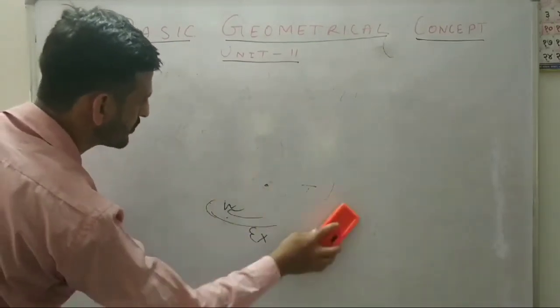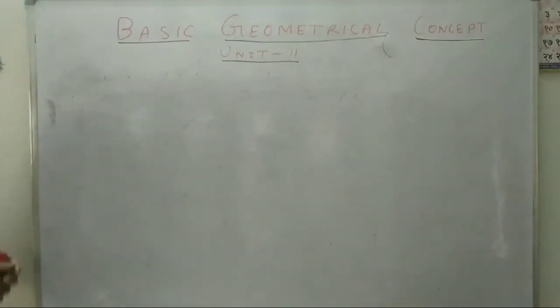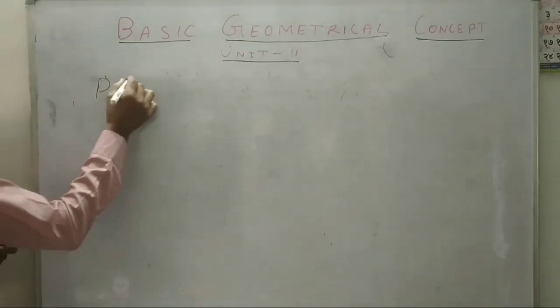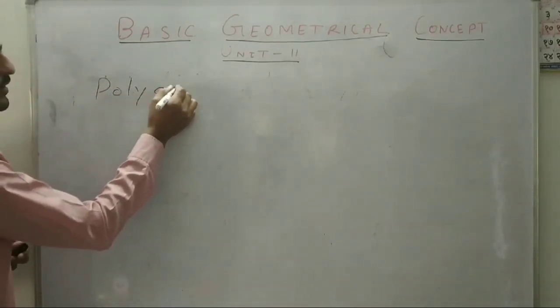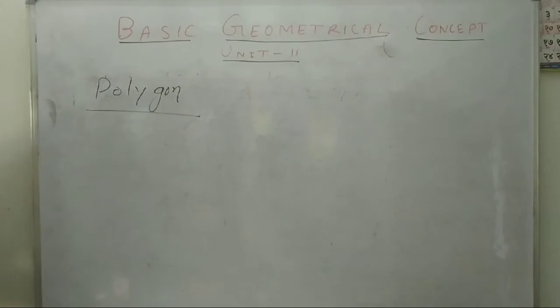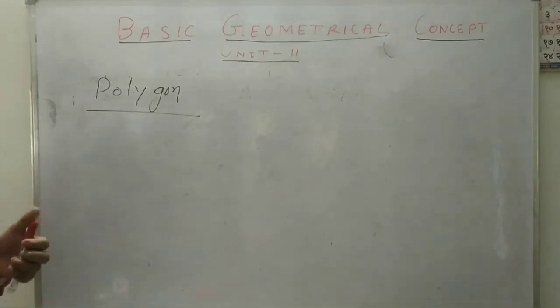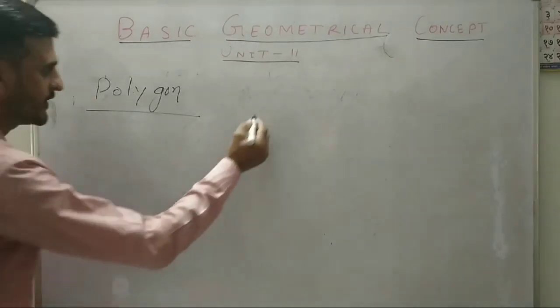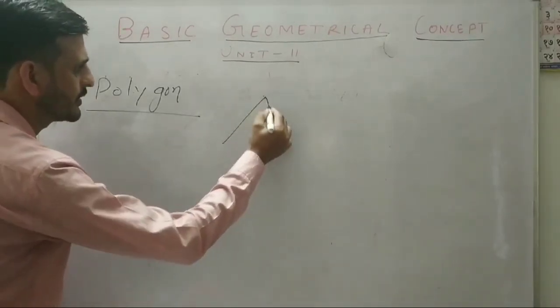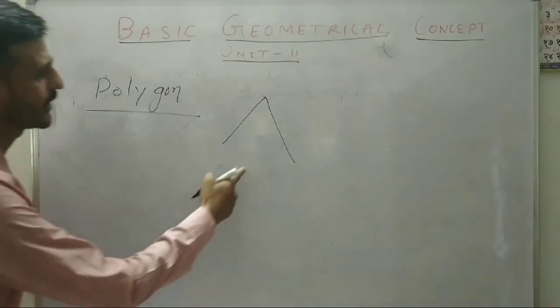So we will move to the next part, that is known as polygon. Remember, what is polygon? We have already discussed the polygon in class 5. A polygon is a simple closed curve made by line segments. See, it is a line segment. Is it closed? No, it is not closed.